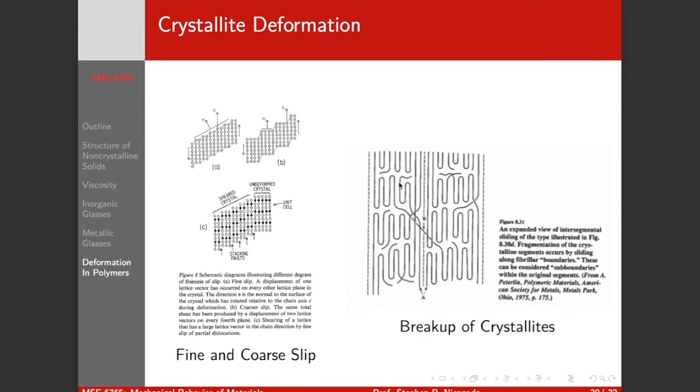Here we can see we've got these folded regions. It'll be very hard to shear along this way because these folded regions get in the way. But if we have a region where we don't have a lot of folding, these crystallites can break up along this line here. And again, this is a schematic picture, but you can use it as kind of an internal mental model of what's happening in the polymer.